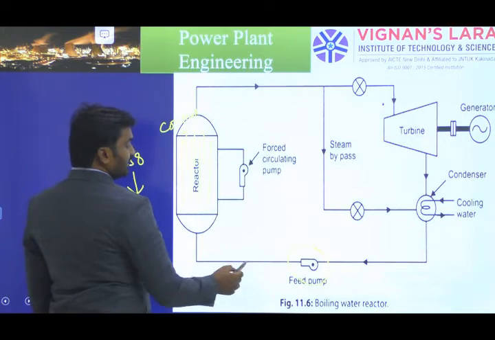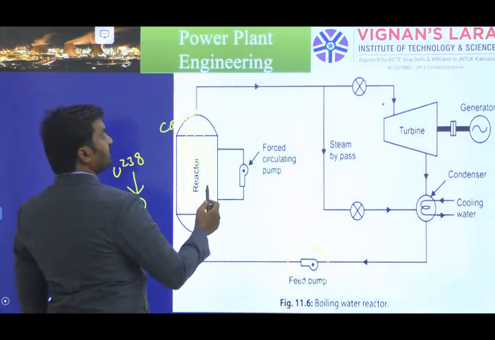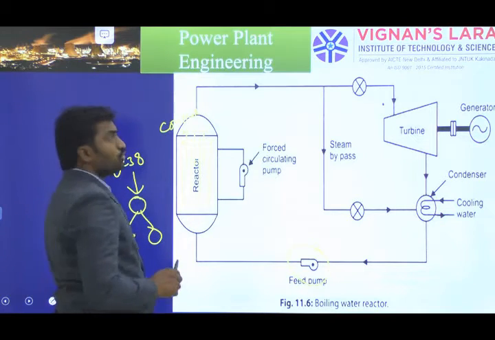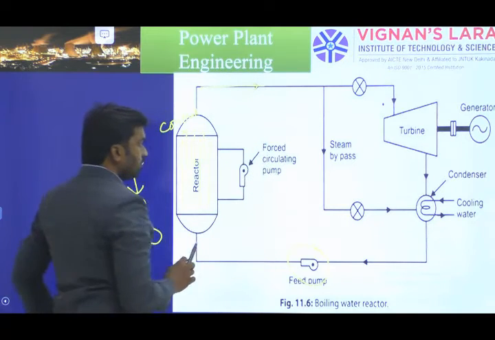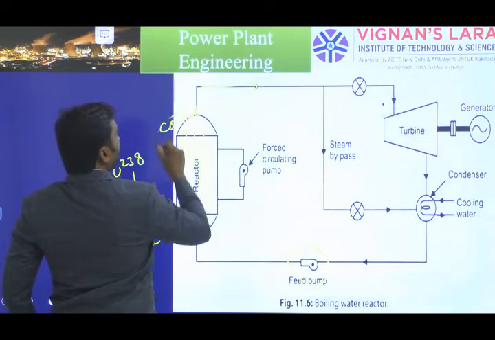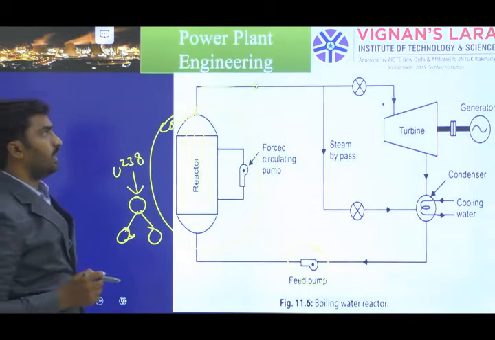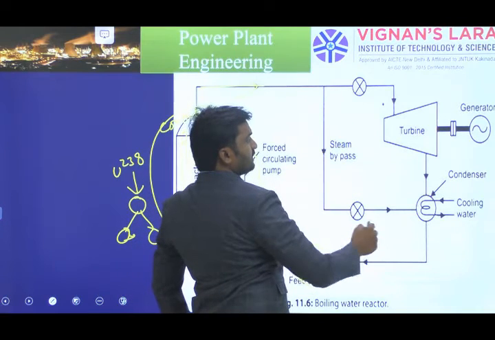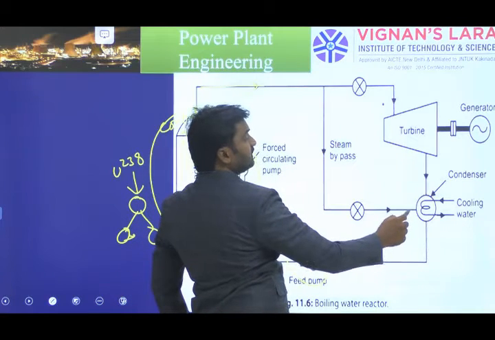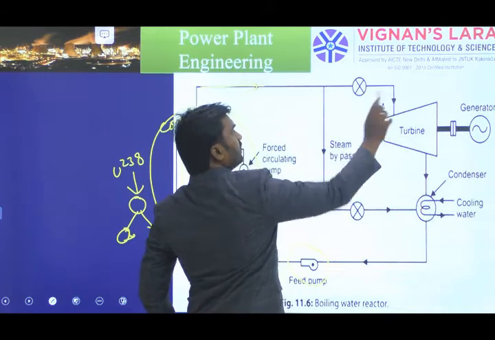So here we are feeding the water and that water is absorbing the heat liberated in the reactor vessel. After that it is converted into the steam format. Okay. So the second important component is the reactor. After that, some amount of steam is bypassed here for the condensation process and high quality steam we are taking into the turbine.